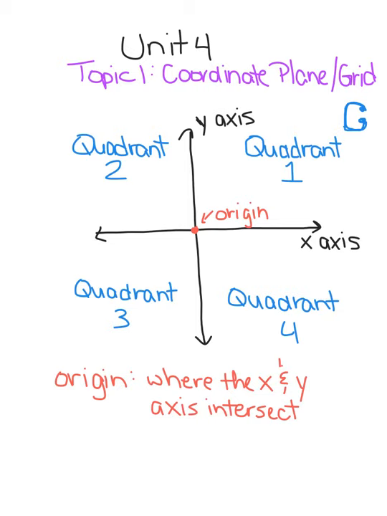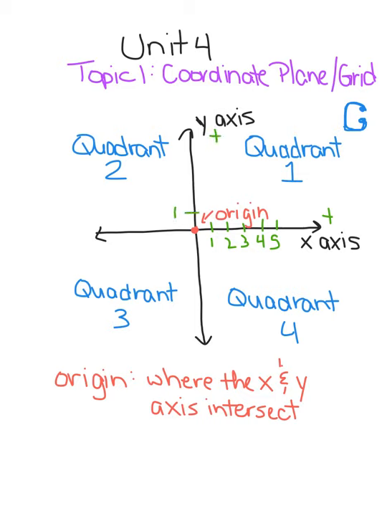So if we remember our number line, last unit we were graphing inequalities on a number line. Remember, the positives on a number line are to the right of what I just plotted as that origin, right? So here, this would be +1, this would be +2, this would be +3, this would be +4, this would be positive 5, right? Going across, keep going. The positives on the y-axis are up.